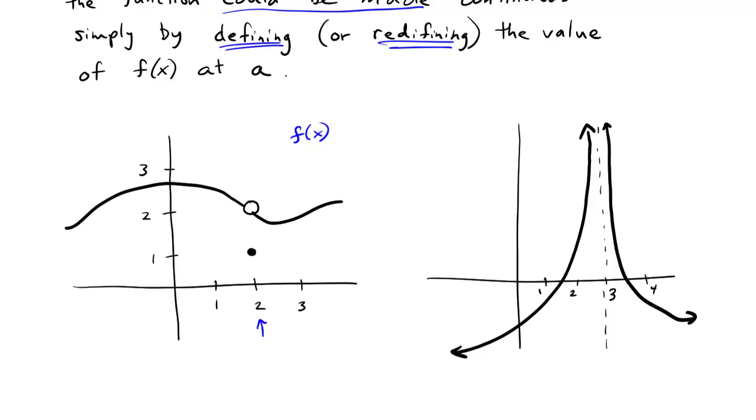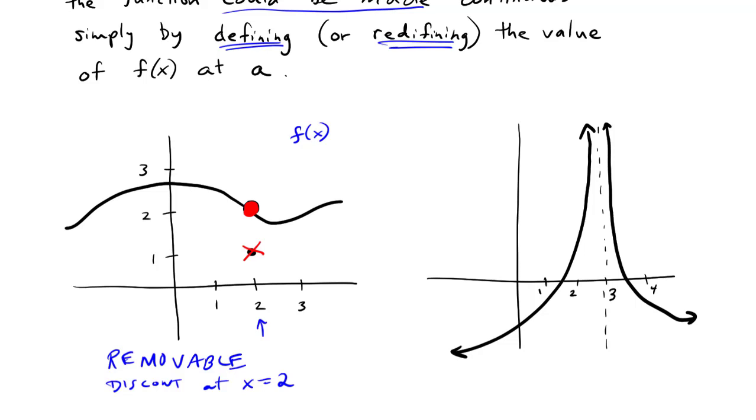In f of x here, I could get rid of this point there and instead define it there, and hence I would make the function continuous. Not that I'm really doing it, but if I were allowed to, I could, and that makes this one a removable discontinuity at x equals 2.